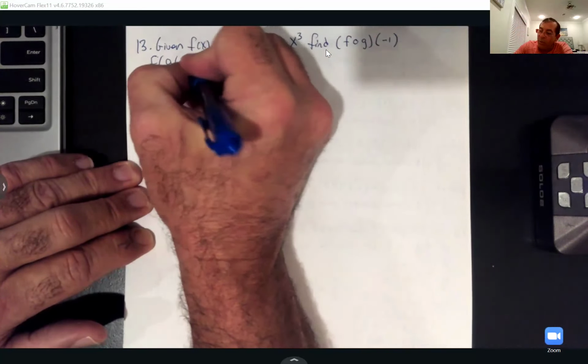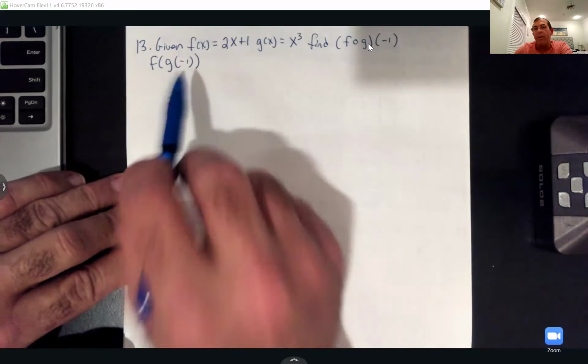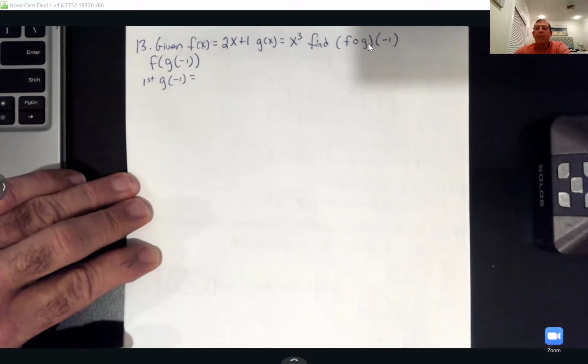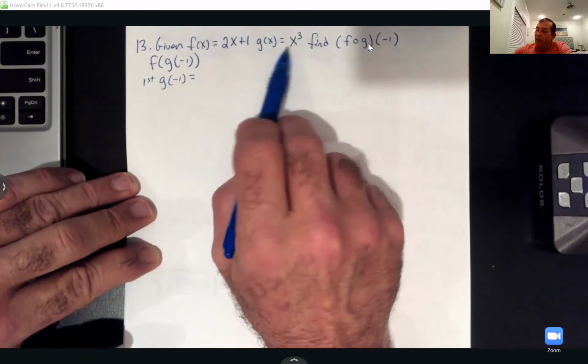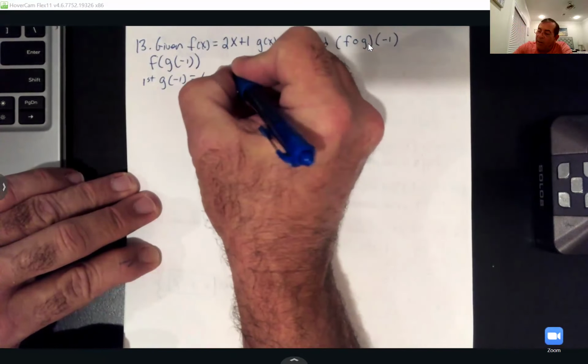So what that means is I'm going to find g of -1 first. Once I got that answer, I'm going to plug it into the f equation. So first, g of -1. Well, y'all, g is x to the third. So g of -1 means this will be -1 to the third.